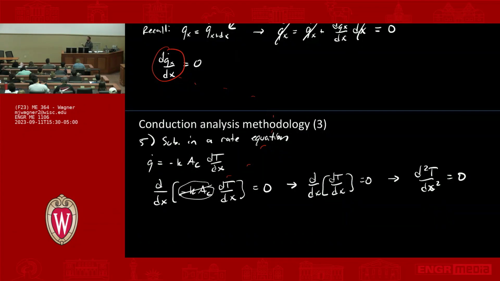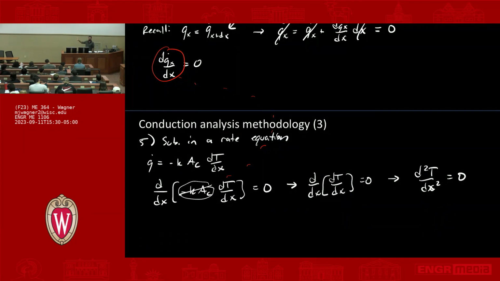So through those steps, we've now gotten to a point of having a governing differential equation in temperature as a function of x. This isn't yet our solution, because we don't know what T of x is, but we've at least gotten as far as saying, okay, this is the governing relationship for this problem. This depends on your problem. This could change based on whether area is changing, if there's other sources of generation or internal energy change. It'll change.